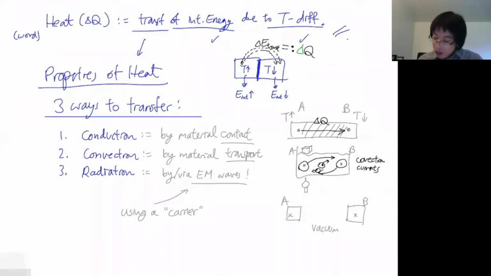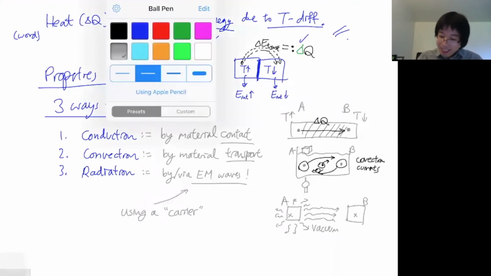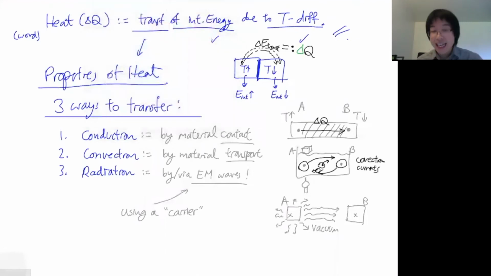What happens is object A radiates electromagnetic waves. Actually, it radiates in all directions. B will also radiate, but because A is hotter, it radiates more. So let me just draw one side rather than making it too confusing. You will have these electromagnetic waves, which, if you've heard of the word photons, are made out of photons.